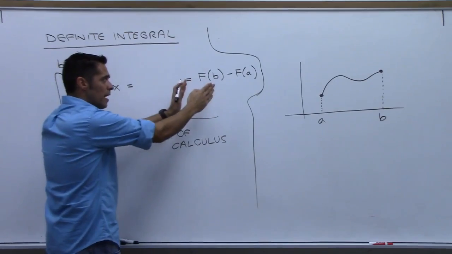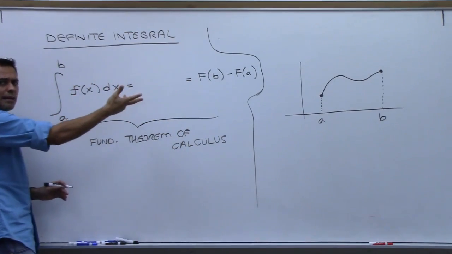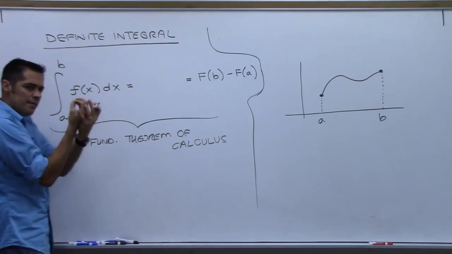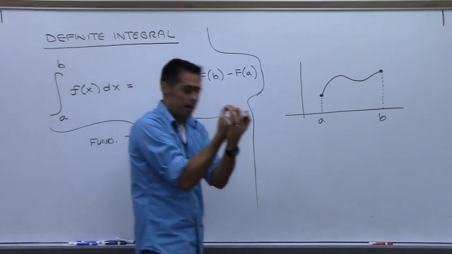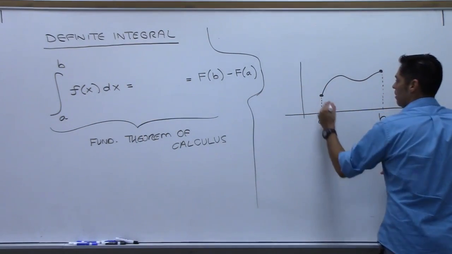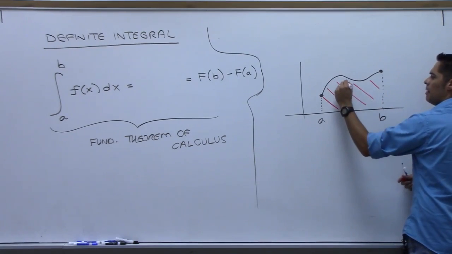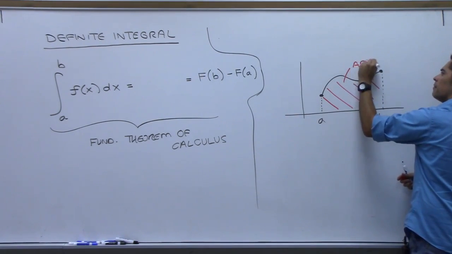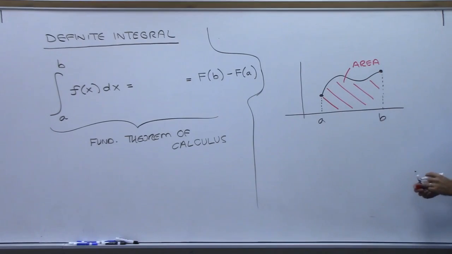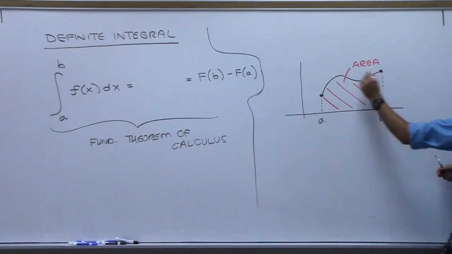But now, once you find it, you're going to plug two numbers into it and subtract them. Once you do that, that number that you get here represents this area. The area right here would be equal to this right here.